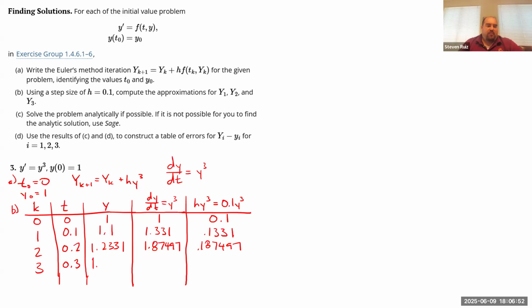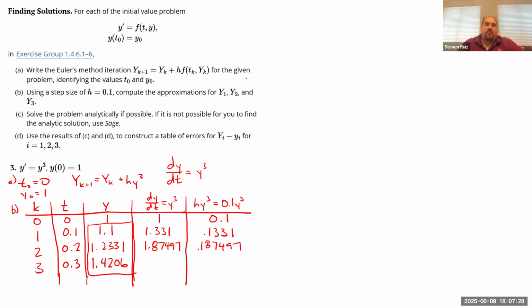And that gives me 1.4206. And that is actually as far as I wanted to go. I don't want to get any further y values, so I don't actually need to recalculate dy dt. So here are my approximations. Basically my y1, y2, and y3 come from these values here: 1.1, 1.2331, and 1.4206.